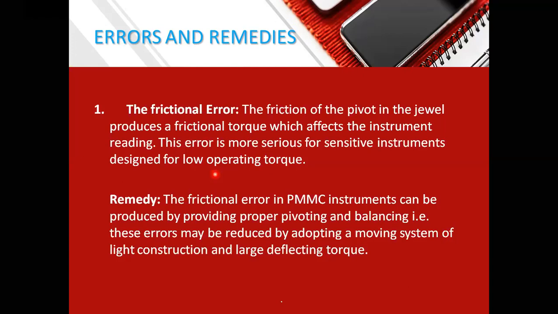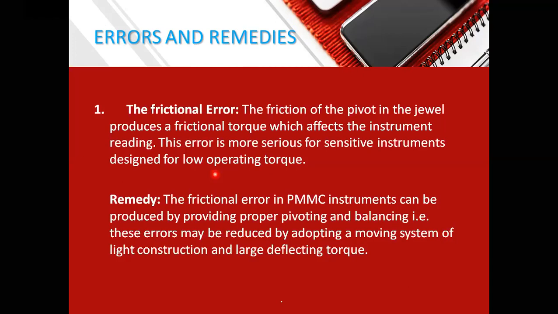So when the moving system moves even on a pivot jewel bearing, there will be some light friction between the jewel and the pivot, the spindle. So there must be some torque produced to overcome this friction, then only your pointer will start moving.